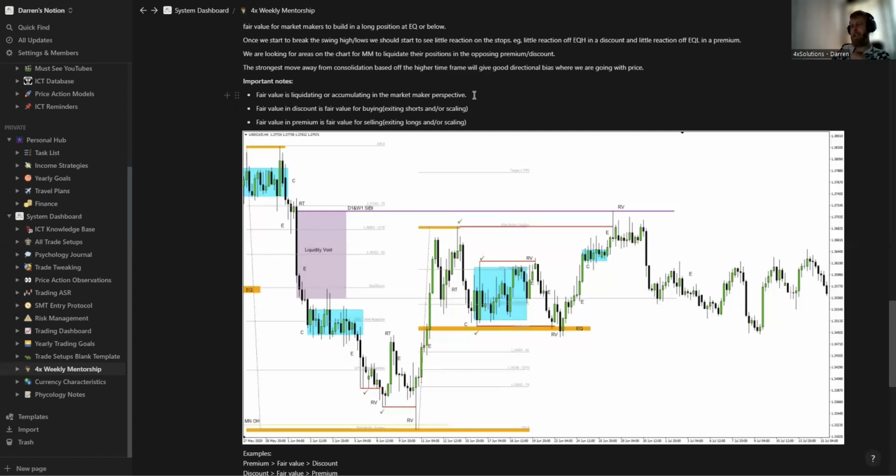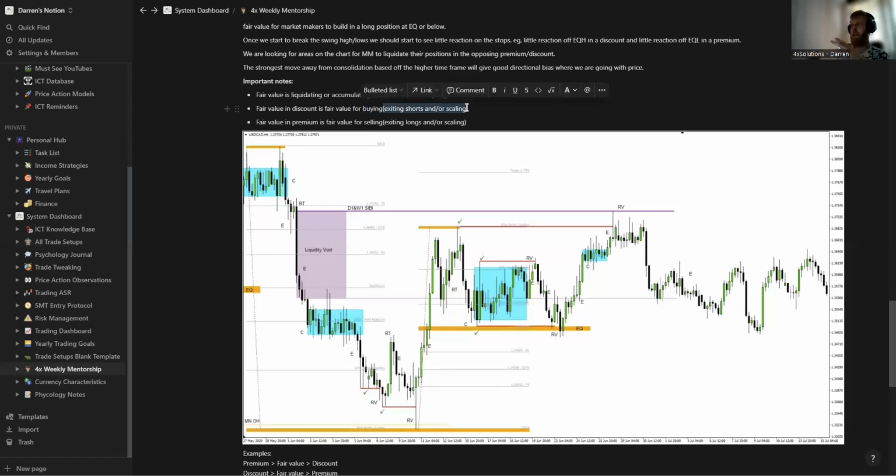So when we say liquidating, meaning they're running out the stops of either buy side liquidity or sell side liquidity. Fair value in discount is fair value for buying. You'd buy in a discount, or if you were selling and price is now in the discount, you'd be exiting your shorts. Short is basically another word for a sell.